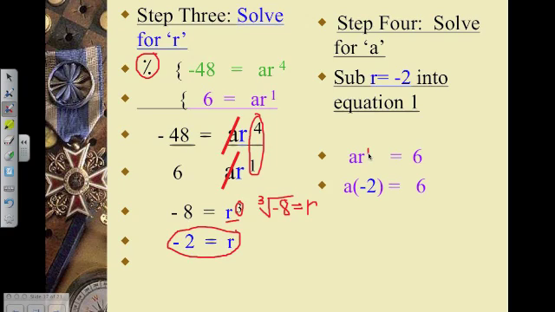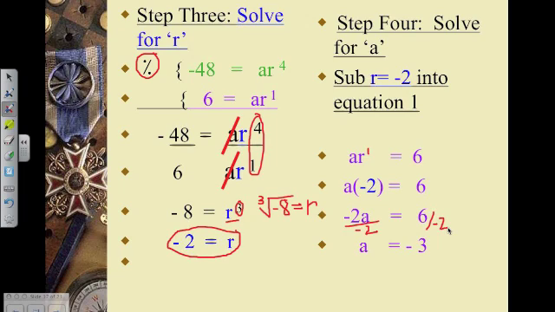So I know r is equal to negative 2. So negative 2a is equal to 6. We can solve for this by dividing both sides by negative 2. And when you do that, 6 divided by negative 2 is equal to negative 3. So I have my final answer, a is equal to negative 3.